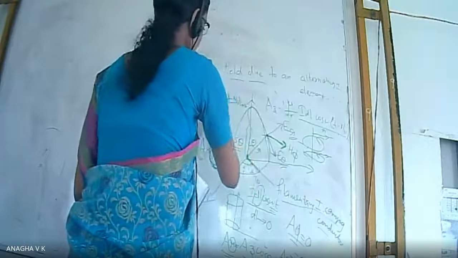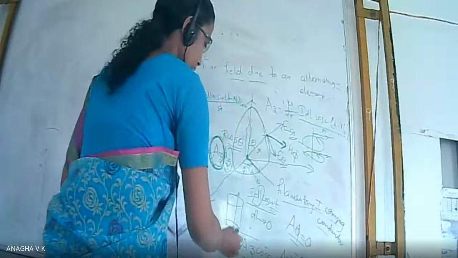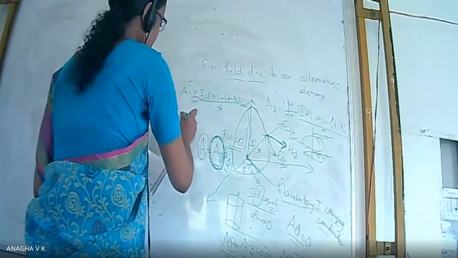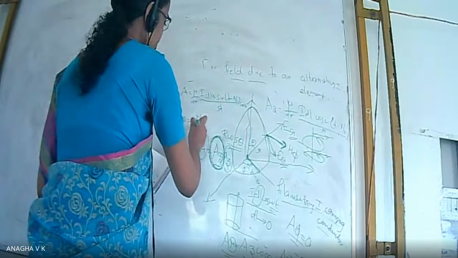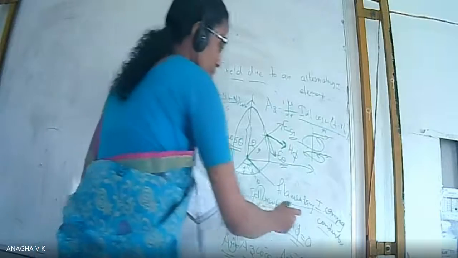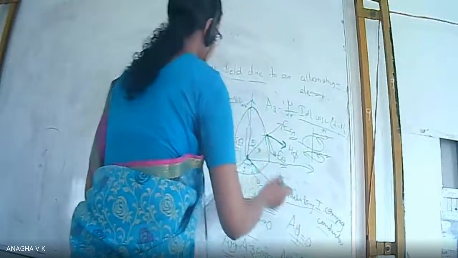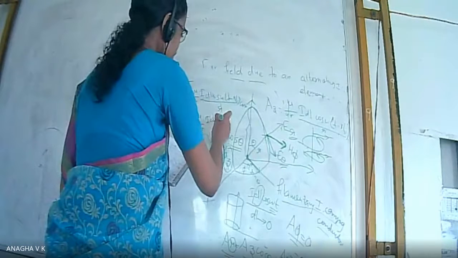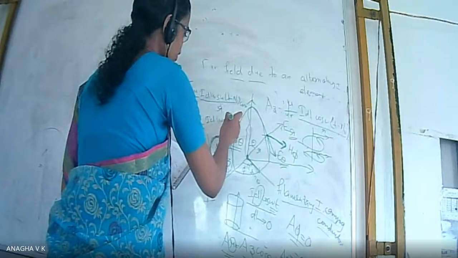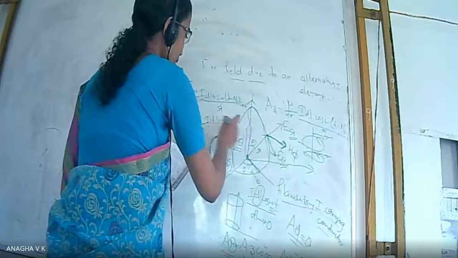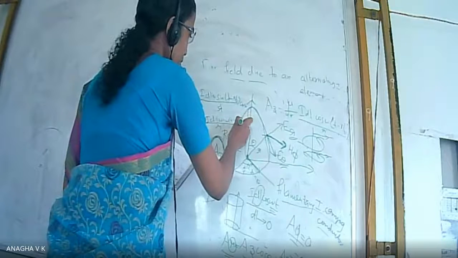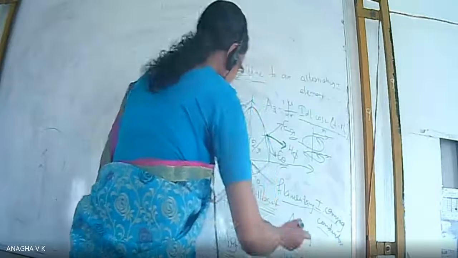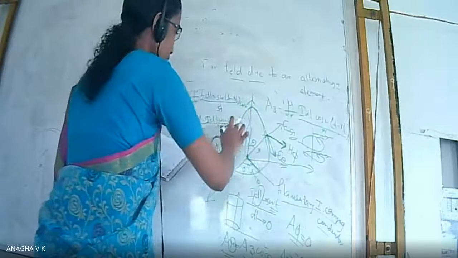Next is A_theta. A_theta is minus mu by 4 pi I dl cos omega (t minus r by v) by r, times sin theta, not cos theta.